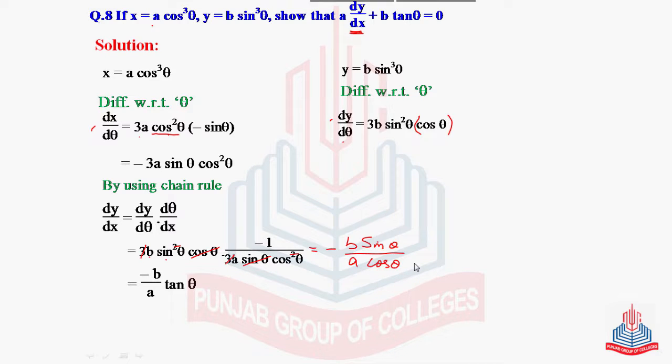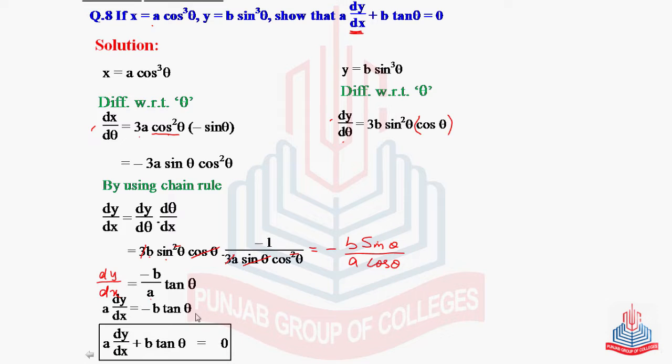So we have dy by dx is equal to minus b over a, and sin over cos will become tan theta. This a will multiply to dy by dx. We have a into dy by dx is equal to minus b tan theta, and then shifting this minus b tan theta to the left hand side, it will become plus b tan theta, which is our required result, proved.